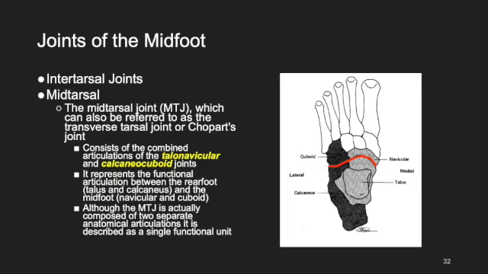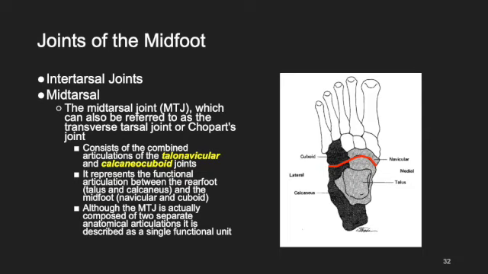Also understand that the midfoot goes by an eponym called Chopart's joint. So sometimes you're going to hear about a Chopart's fracture, and that's a fracture to the midfoot. And then the joints themselves are pretty easy. They're all named for what they touch.